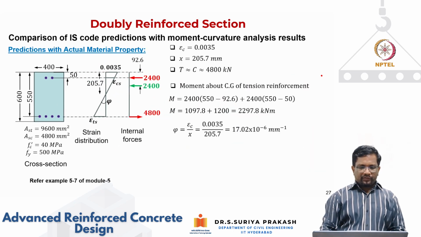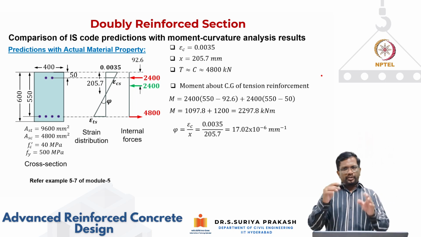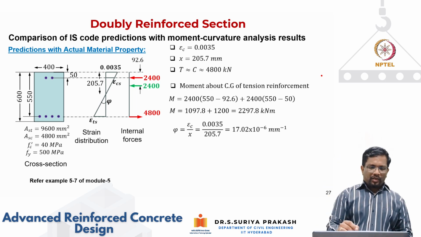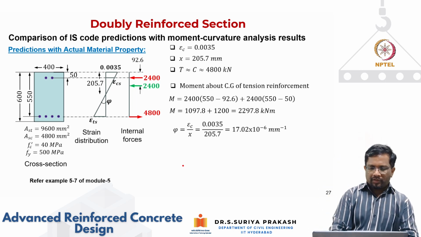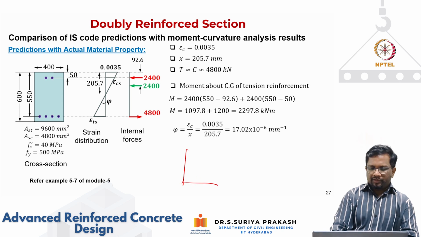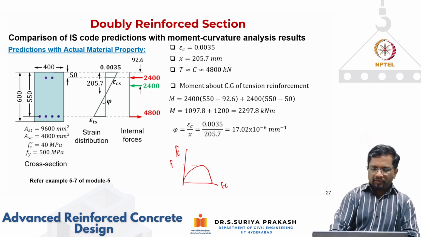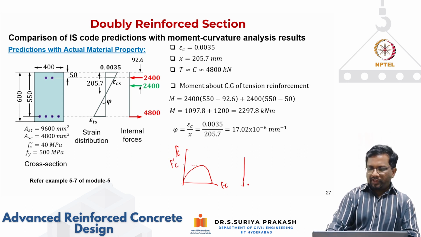So we got this value. Now I'm just reiterating: these calculations are based on the parabolic curve for concrete. If you remember, this is F prime C. Then for steel, we have taken Fs epsilon s.